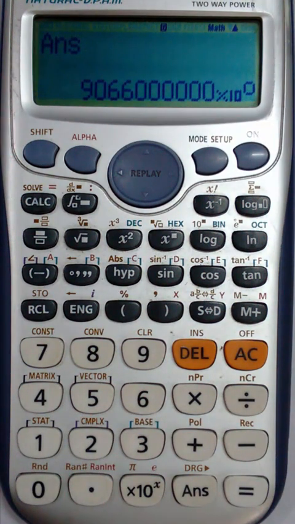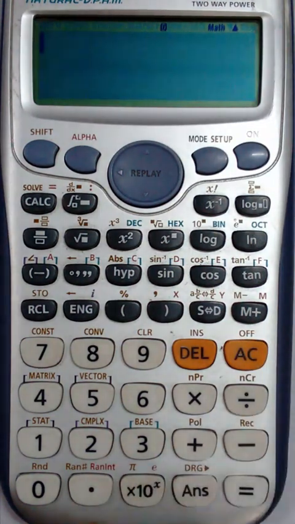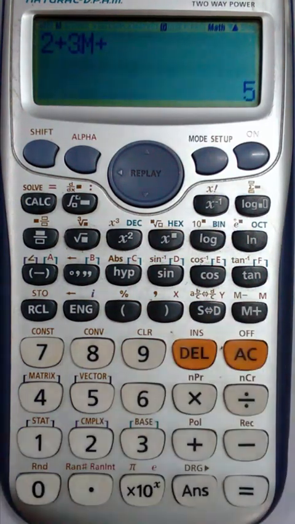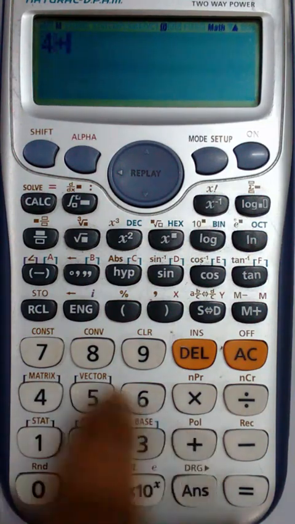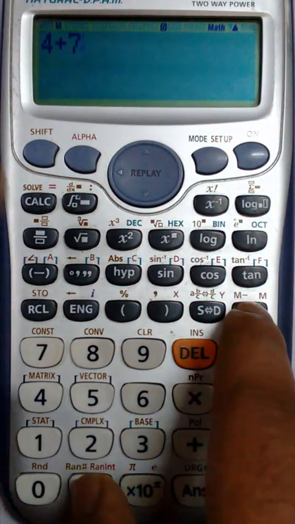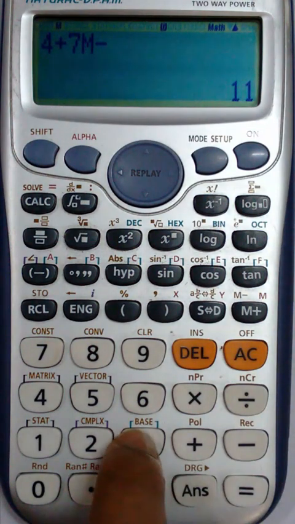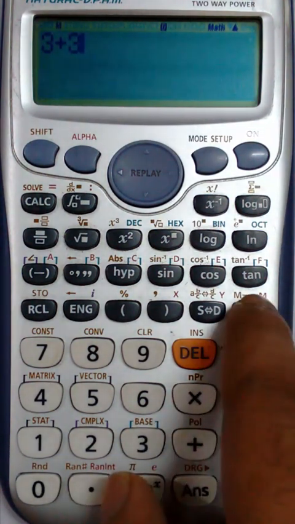Next technique is for the independent memory. So how to deal with it? Just see, one example is there: 2 plus 3, M plus, 5, then 4 plus 7, Shift M plus, minus 11, then 3 plus 3, M plus.